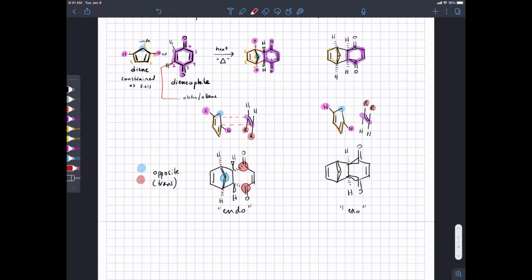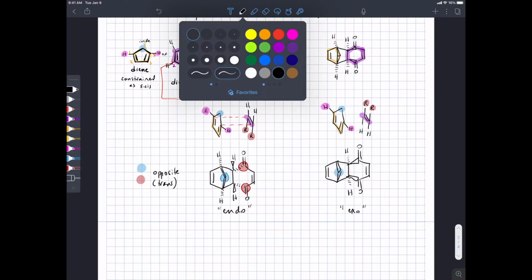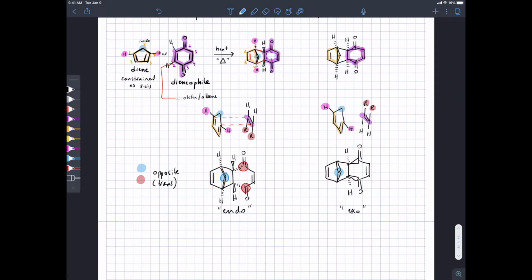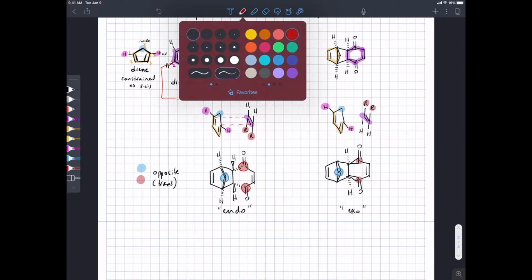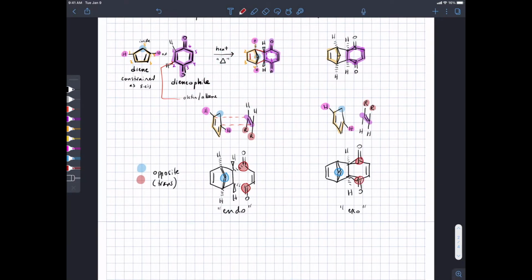Again, always focus in on the relationship between the blue group, that is the group that was inward on the diene, and then the red groups, that is the groups that were cis to each other on the olefin. So this is the Endo Diastereomer, this is the Exo Diastereomer.